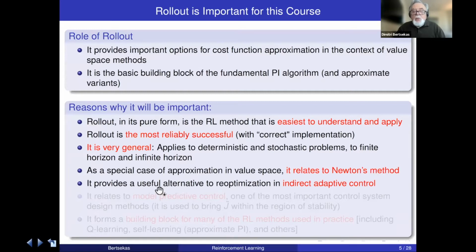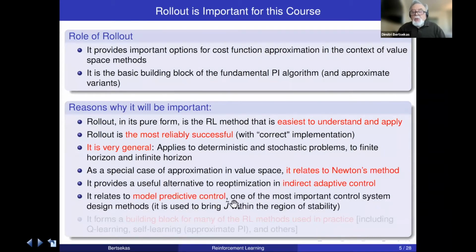Well, rollout provides a cheaper alternative to reoptimization, namely adaptive control by approximate reoptimization that involves rollout. And that can be useful in some cases because this reoptimization can be very expensive in practice.